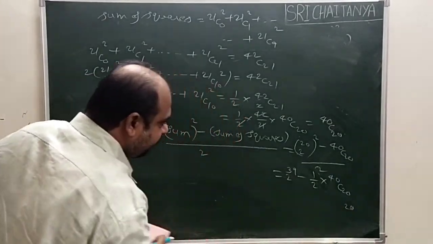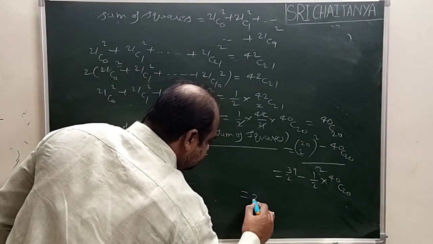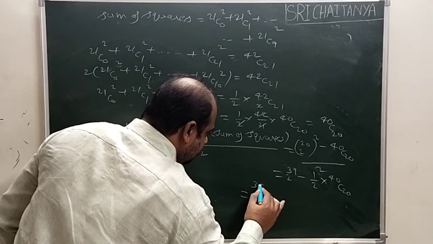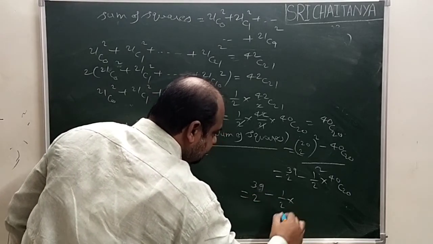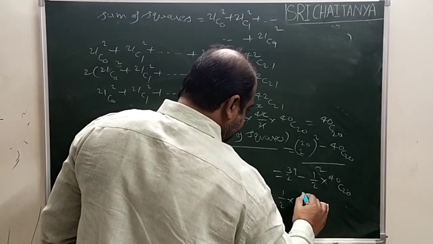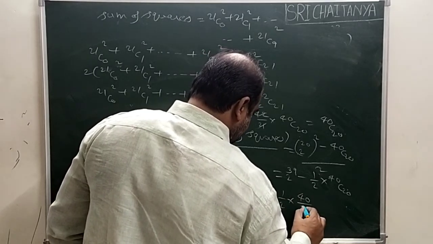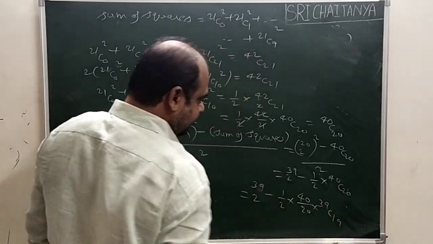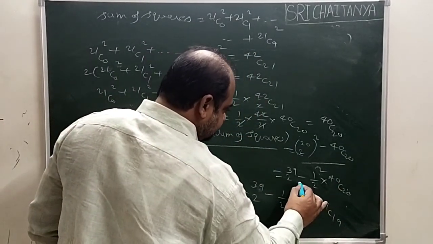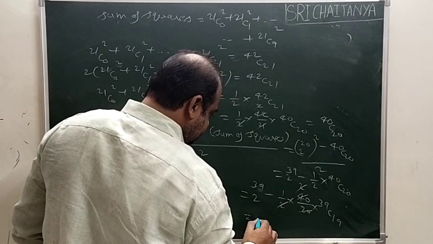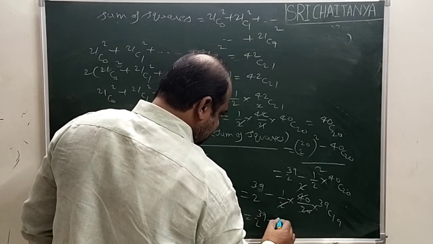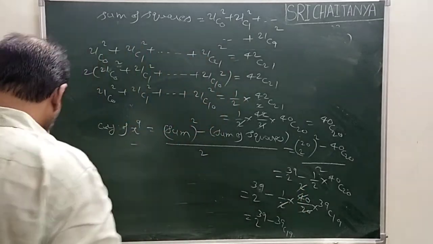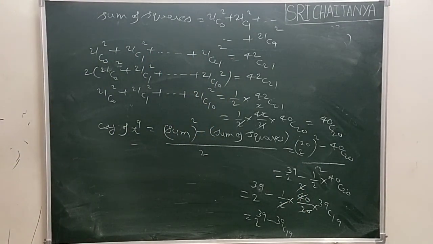Again you write that formula, NCR equals N by R into N minus 1 C R minus 1. The 2s cancel, so your required answer is 39C19.